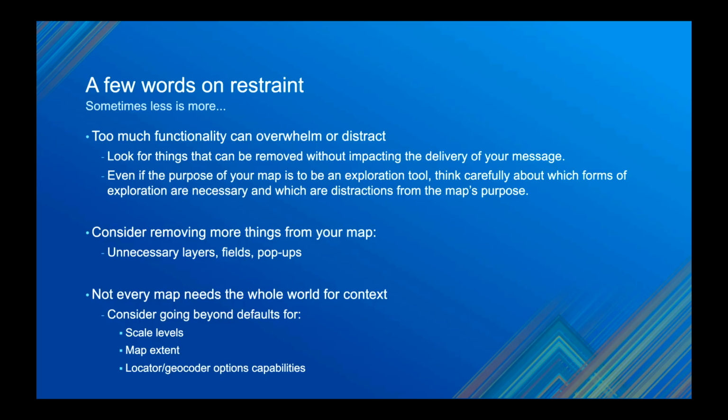Think of the 1 to 5 things that you want to convey through the map and have the functionality support that. I think a lot of us as GIS people, we want everything in our application. We want to be able to do anything because that's the world we live in, but most of our users don't live in that world. So consider removing unnecessary things from the map. And in the demo, we'll look at some of the ways you can even go beyond the defaults with scale level, map extent, and locator.